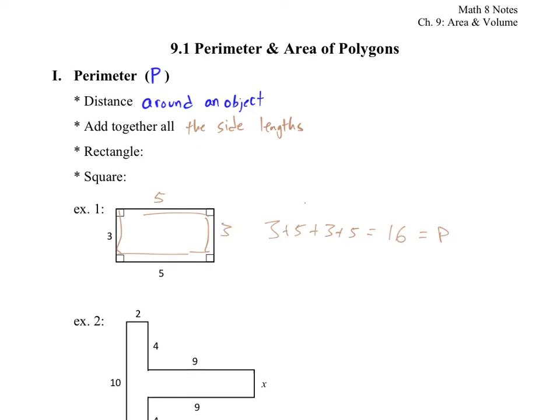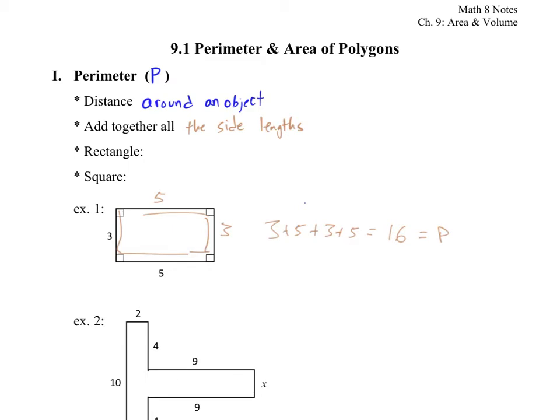Now, we can get special equations for rectangles and squares. We'll write them down. You're welcome to use those, but most people don't, but I feel like I probably should tell you what they are anyways. Honestly, for this problem, I do 3 plus 5 and then times 2, because this gets me halfway, so I double. If you can do things like that with perimeter in your head, I'm fine with that.